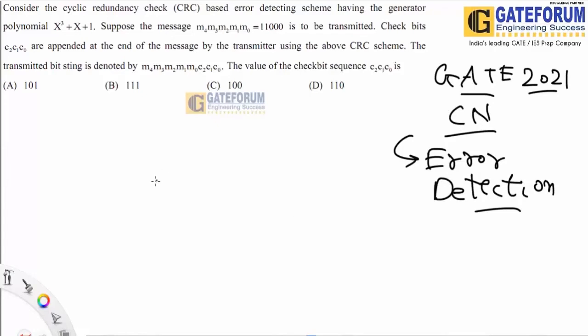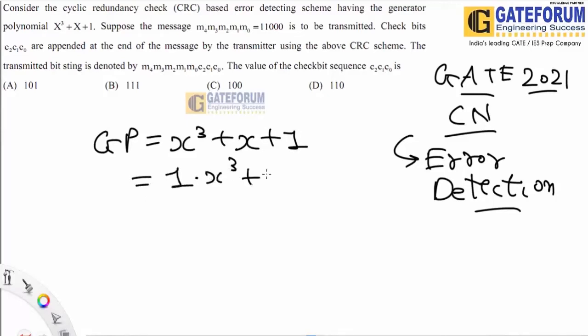Now here, the question is asked related with the generator polynomial x cube plus x plus 1. So they have given the generator polynomial GP, which is x cube plus x plus 1. If you are not aware, how can we calculate this generator polynomial? Let's try to identify. We can also write this as 1 into x cube plus 0 into x square plus 1 into x plus 1.